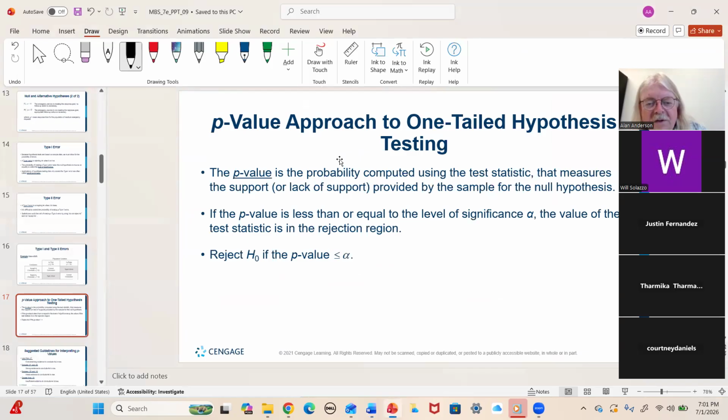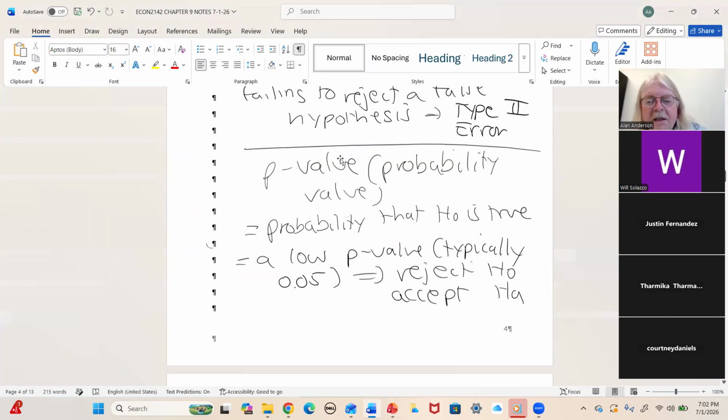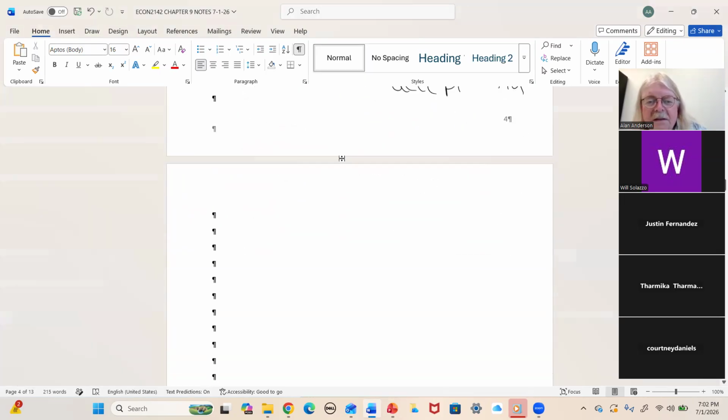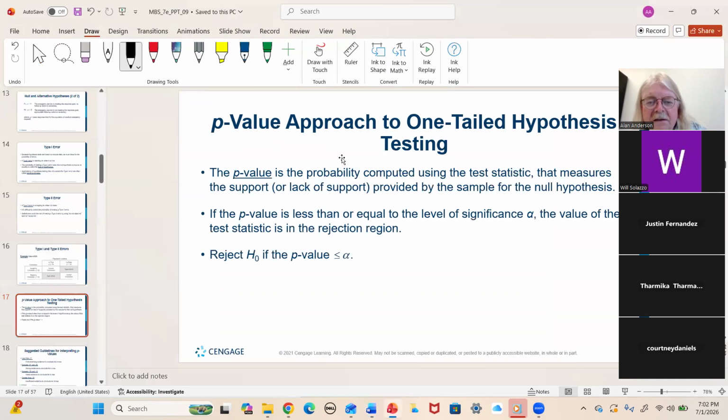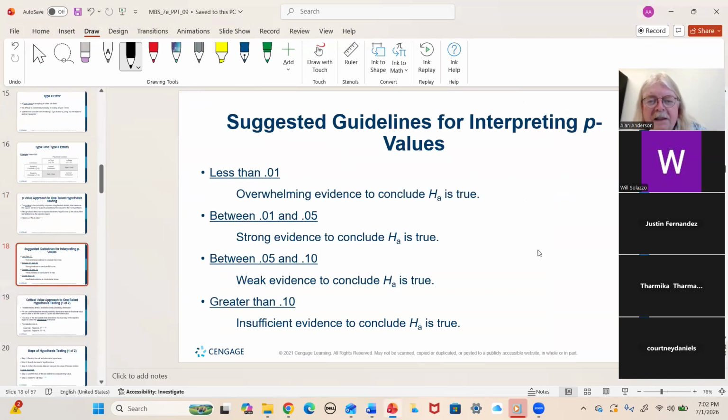We'll use this approach quite a bit. Here's an approximate chart for this. Less than 0.01, if the p-value is that low, then we can assume that... something's wrong here.